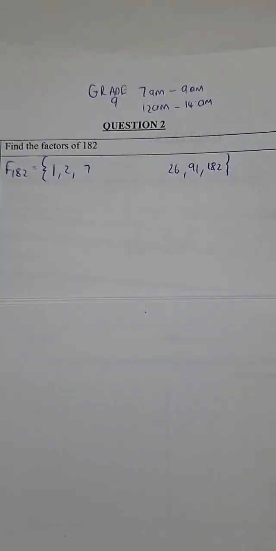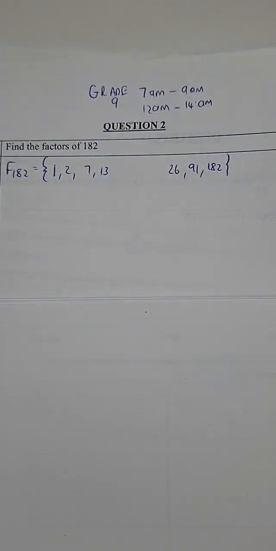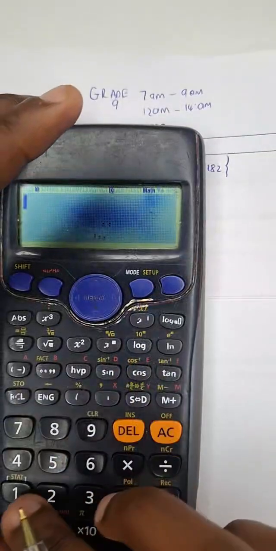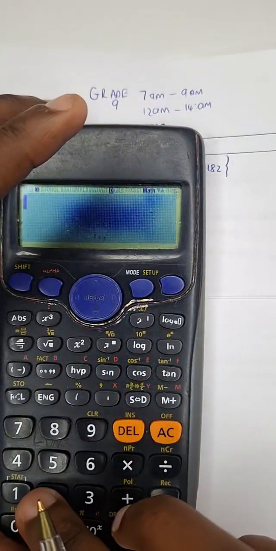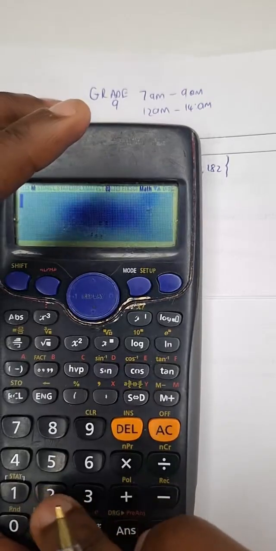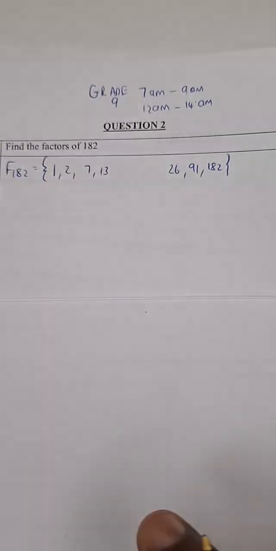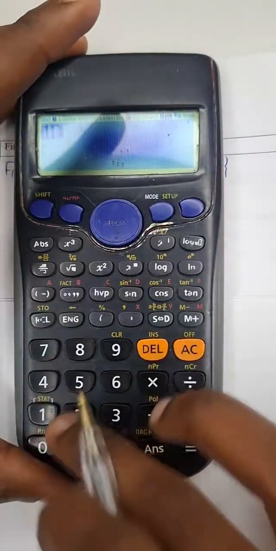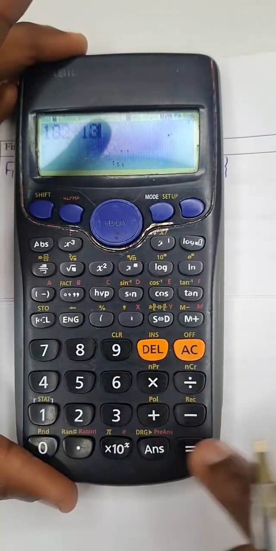This way, we are able to account for most of the factors. We think of 8, 9, 10, 11. We're like, it's not going to work. 13. 13 definitely seems to go. Let's check how many times the 13 goes. So that means we have 182 divided by 13.